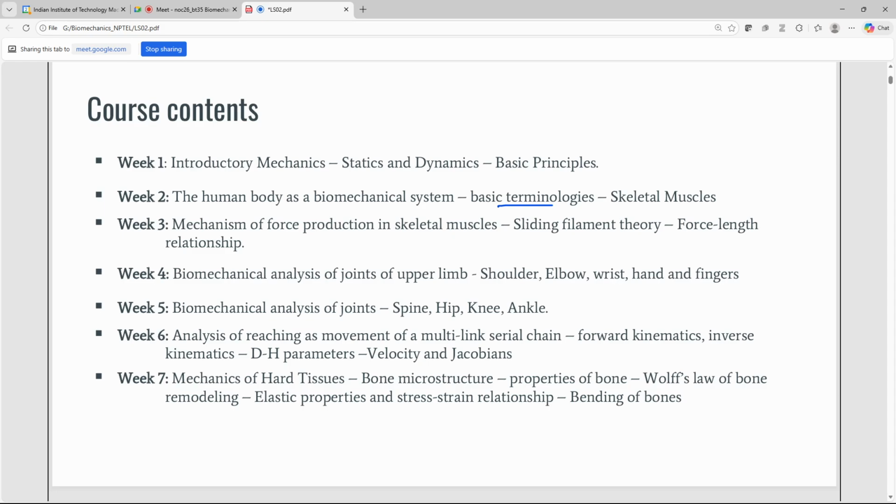So it is better if you understand these terminologies, then it will be easy to read and understand any of the medical reports, or even when we undergo any medical procedure, there will be an end report.